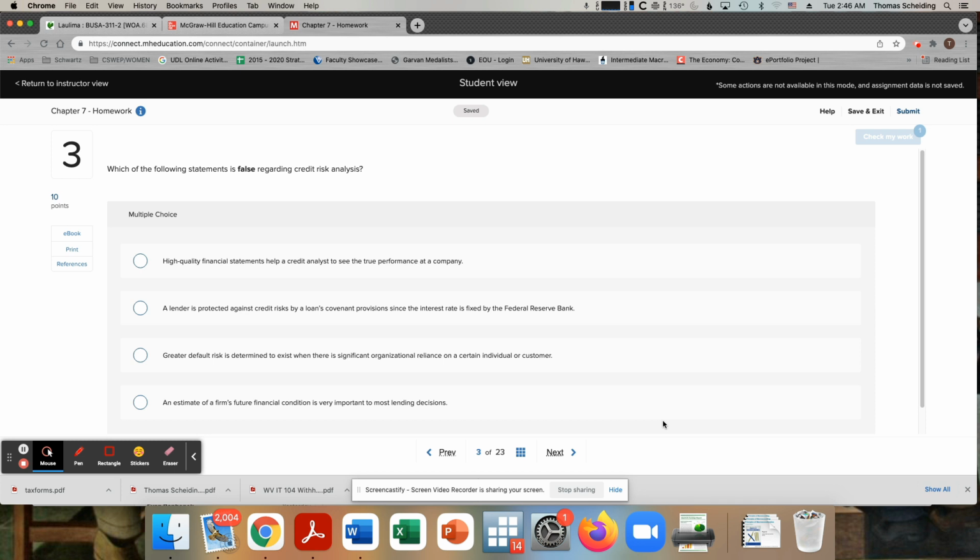Which of the following statements is false regarding credit risk analysis? This is something where, as an economist, it just bothers me to no end. Your option already, I'll talk about why this is the answer, but the Federal Reserve does not determine interest rates this way.